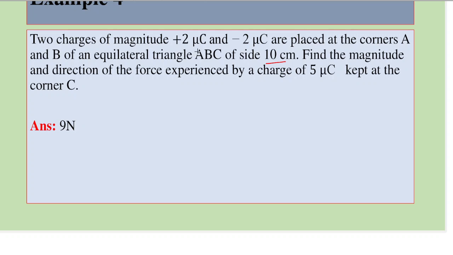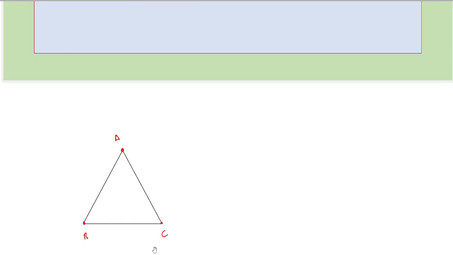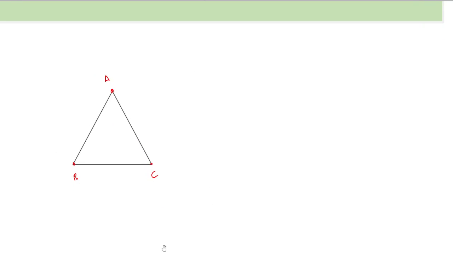The charges placed are plus 2 microcoulomb and minus 2 microcoulomb at the corners A and B. At C, the charge placed is plus 5 microcoulomb. So we'll put it back here. The charge at A was plus 2 microcoulomb. The charge at B was minus 2 microcoulomb, and charge at C was plus 5 microcoulomb.